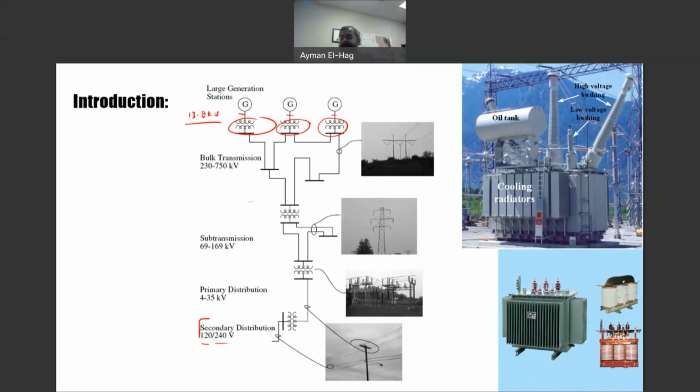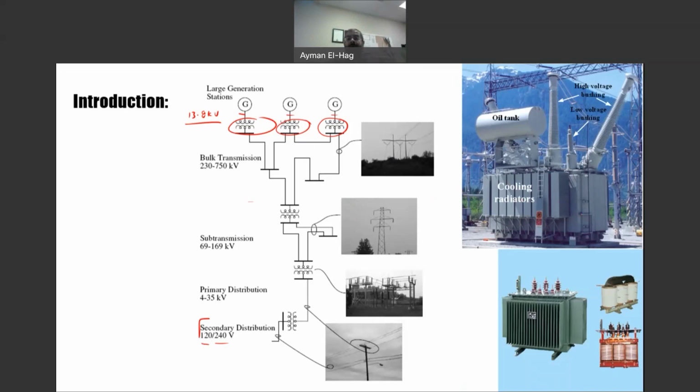The second, because of the high voltage inside, you need to electrically insulate the high voltage conductors from the grounded tanks. One of the insulating media we use is the transformer oil.